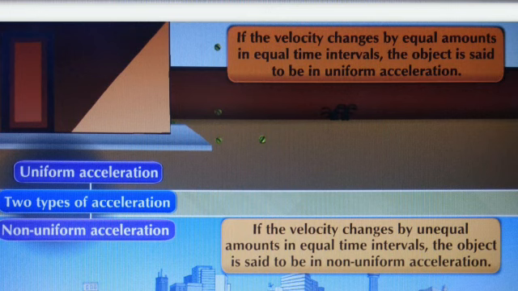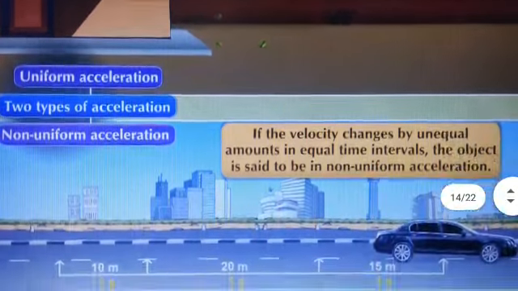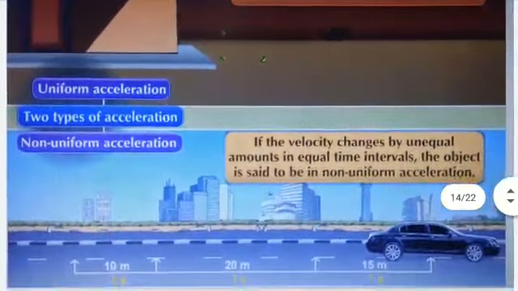If the velocity changes by unequal amounts in equal time intervals, the object is said to be in non-uniform acceleration.